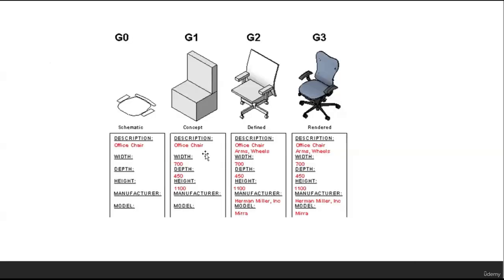To understand this in a much clearer way, we can visualize this image. If we go for a low LOD, like LOD 100, there is no need for actual geometry to be present. Only a symbol and its name is enough. As we go for a higher LOD, we require basic geometry like its width, depth, height, and a short description.